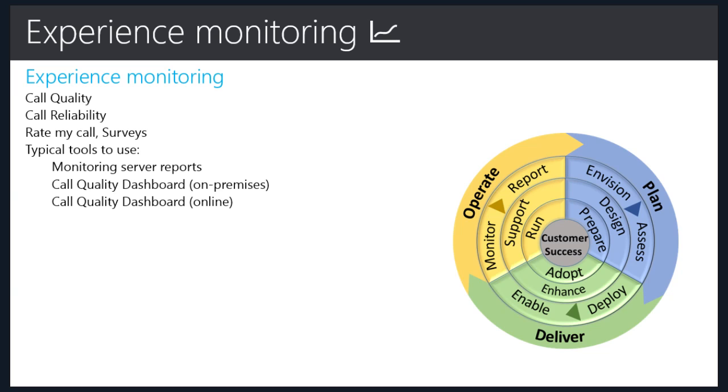When talking about using CQD, I always refer to CQM as a methodology. CQM is the Call Quality Methodology, and while it has been written for on-premises deployments for the most part, all the concepts, principles and methodology, how you analyze data and what you do with the data to identify what is actually causing an issue, all of that described in CQM is still valid, and most of the reports can be run by the Call Quality Dashboard on premises and online as well.